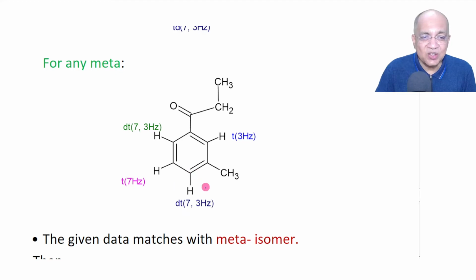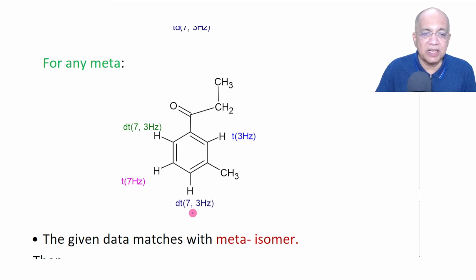And this one is a DT, not TD, because the J3 coupling first, larger coupling, and then meta coupling is 3, so doublet of triplet. And this one will be the 2 J3 coupled protons, so triplet, and J5 is 0, so simply it is a triplet of 7 Hz J.